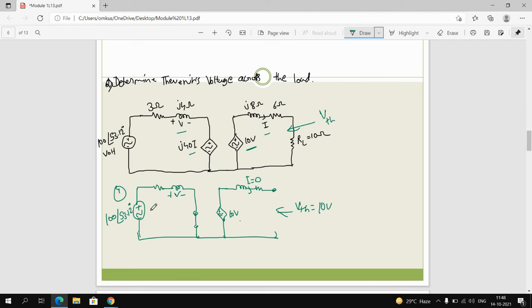See, the current flowing in that circuit is zero, I is equal to zero. So the voltage drop across this resistance is also zero, and this whole voltage appears across this inductor, right?